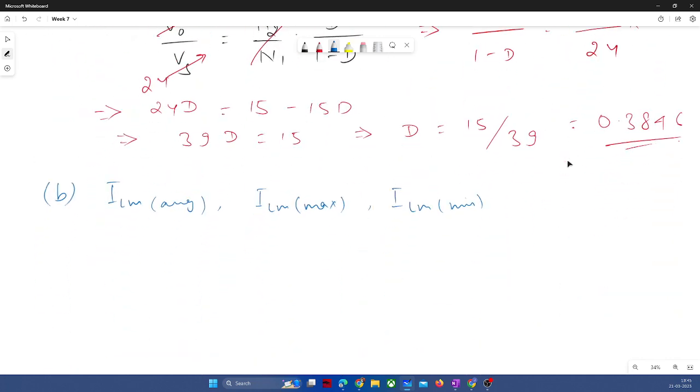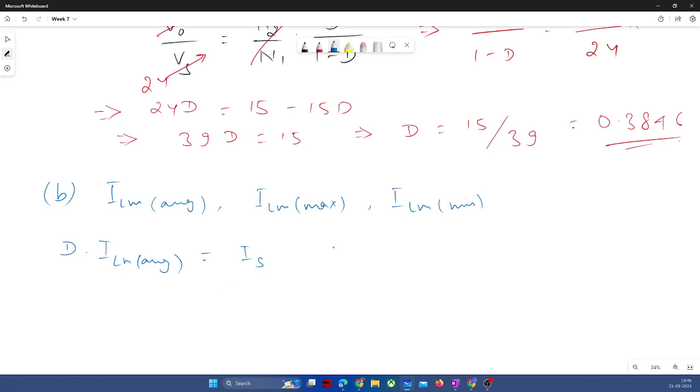First thing first, ILM average we can write as source current divided by D, or as I wrote it earlier, Is is equal to D ILM.